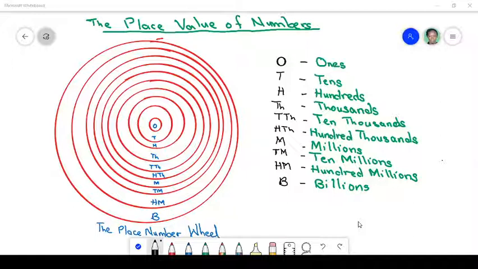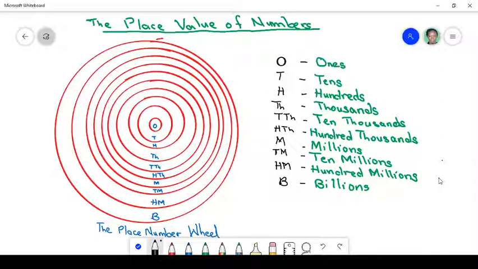Our lesson today, we are looking at the place value of numbers. Numbers are very important, and in every area we see numbers being used, numbers being called out, numbers being applied. So figures have become very much a part of us.